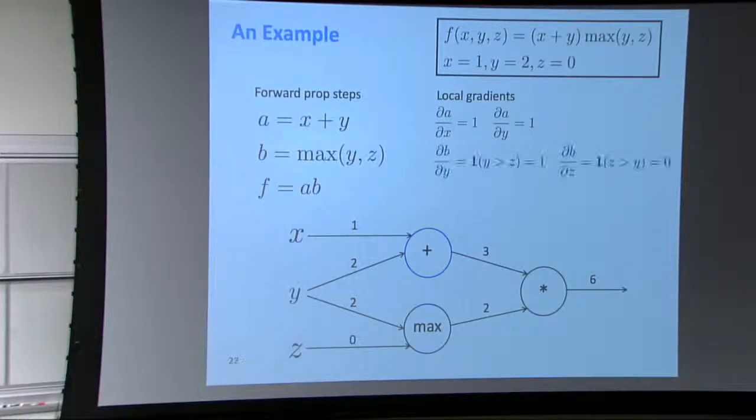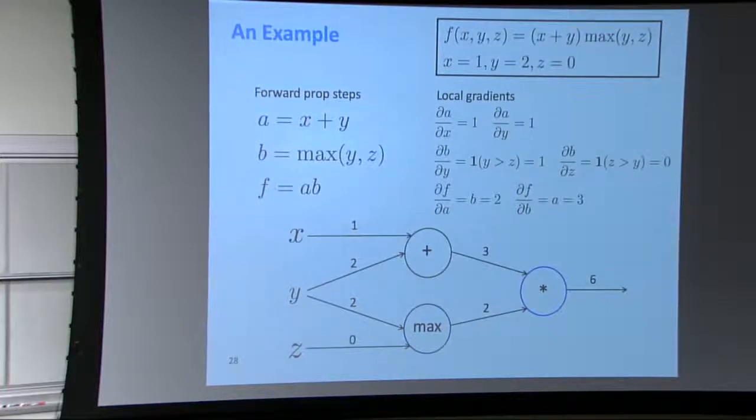That makes sense. The max is slightly trickier, because the gradient for the max depends on which one's bigger. So if y is bigger than z, the partial of b by y is 1, otherwise it's 0, and conversely for the partial of b by z. So that one's a little bit dependent.